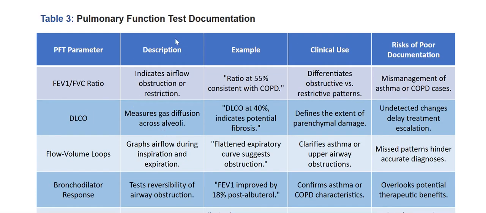Table on pulmonary function test, PFT, documentation: parameter, description, example, clinical use, risks of poor documentation. Parameters: FEV1 over FVC ratio, DLCO, flow volume loops, bronchodilator response, and combined interpretation.